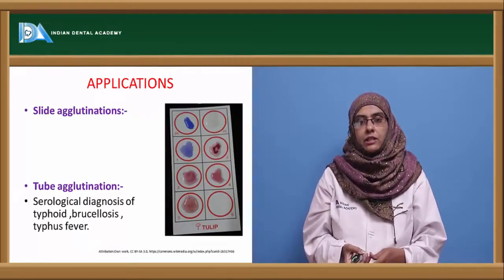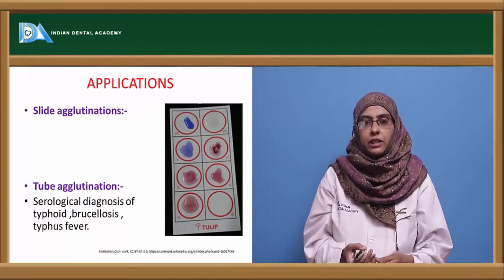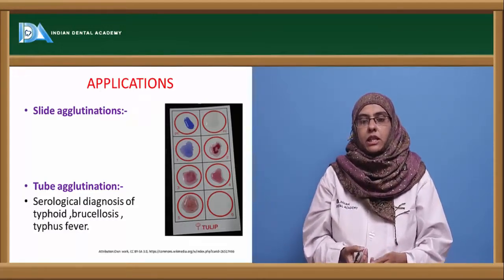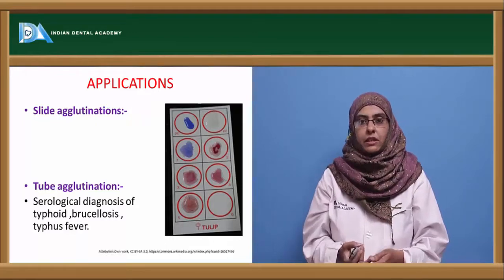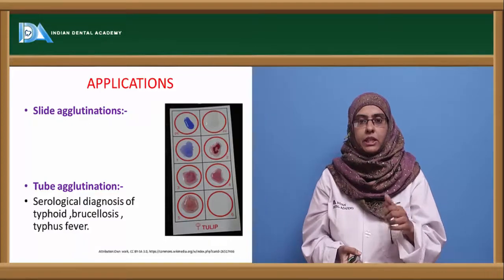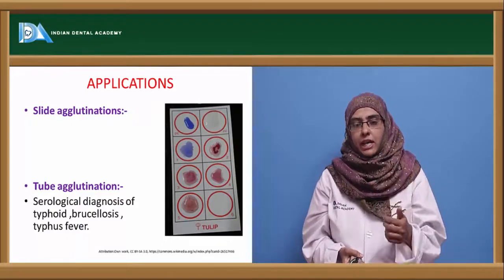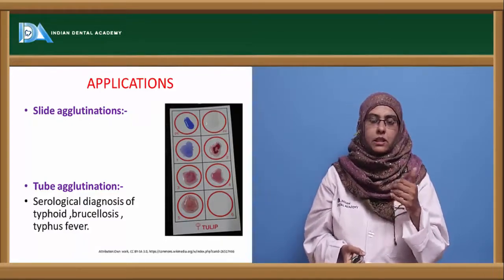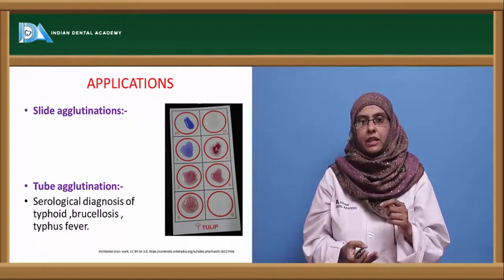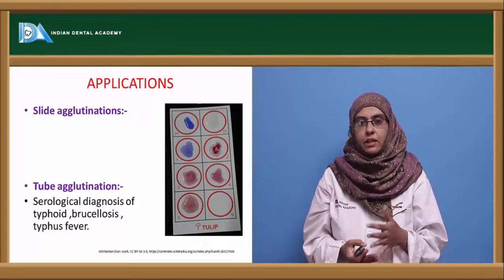The agglutination reaction has a lot of application in serological techniques. This can be carried out as slide agglutination, where a slide is used and the antigen and antiserum are added drop-wise in equivalent proportion and mixed properly with an applicator stick, and can be seen as visible clumps.